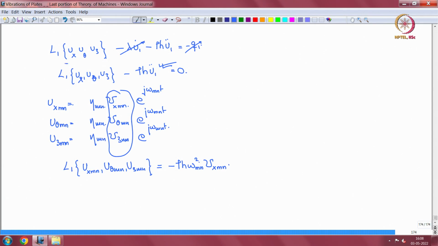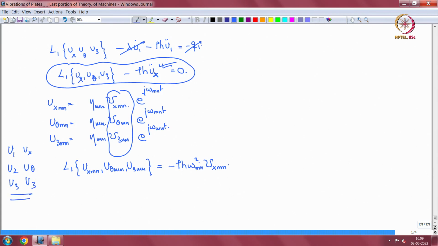That should be evident from here. So U1 is Ux, U2 is U theta, U3 is U3. Please understand, this operator on this mode shape is equal to this.